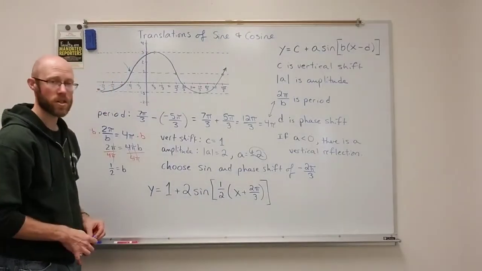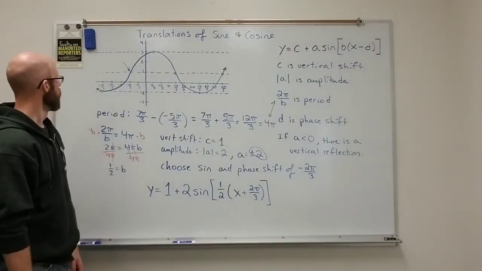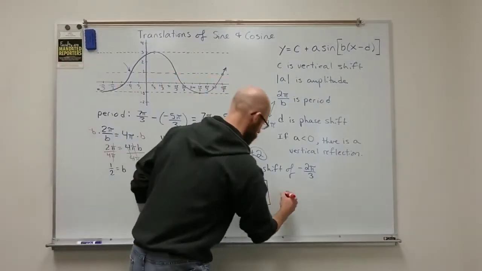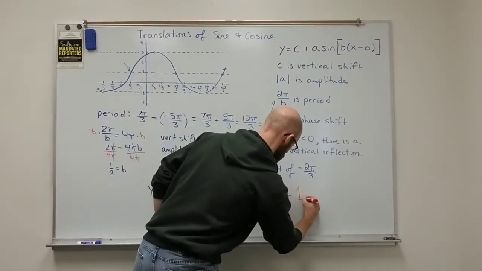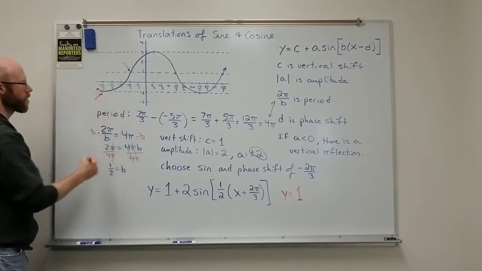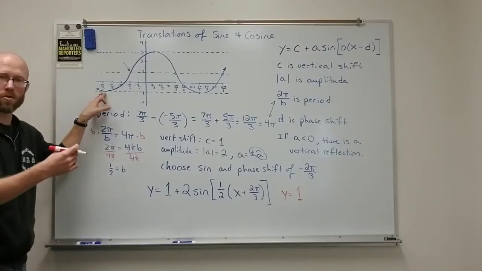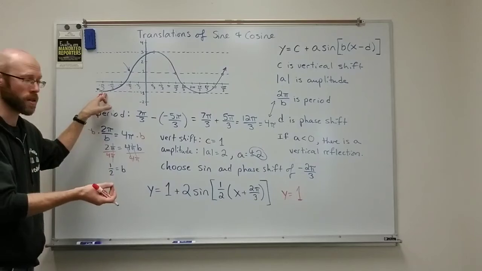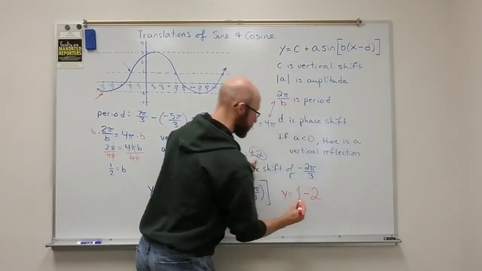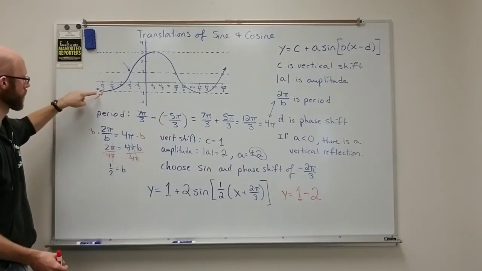Again, there are other functions I could have used if I had chosen to go with a cosine, for instance. Maybe I'll run through this one time with a cosine. Let's go with a cosine, maybe starting over here on the far left, at this minimum. Because cosine starting at a minimum would be a reflection, I would go with a -2 for my amplitude, because it'd have to flip over to go from the top to the bottom.